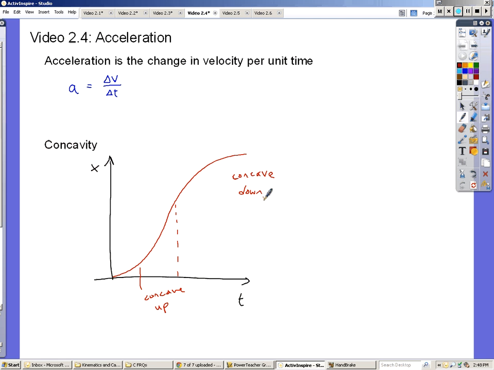Because the concave side of the graph, meaning the kind of curving inward, the one that's shaped like a cave, is above the graph here, and the concave part is below the graph here, so it's concave down. Concave up means positive acceleration. Concave down means negative acceleration.